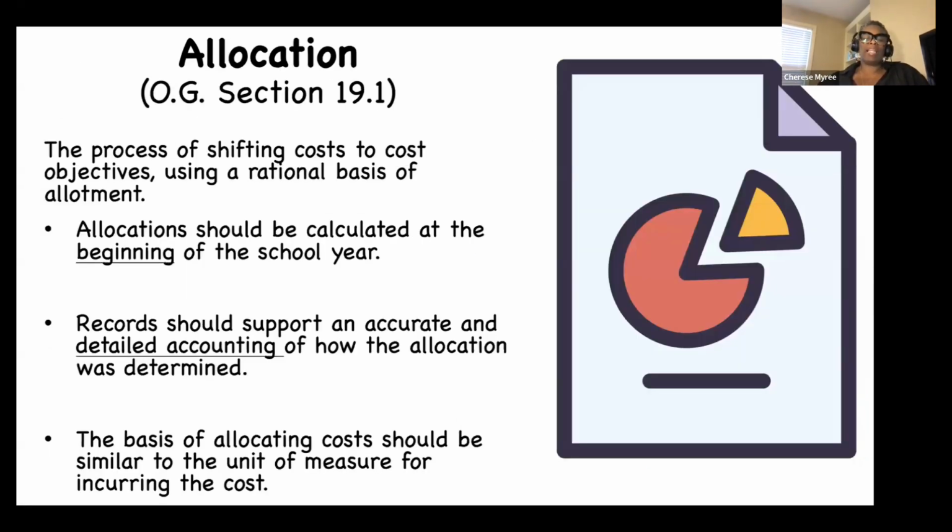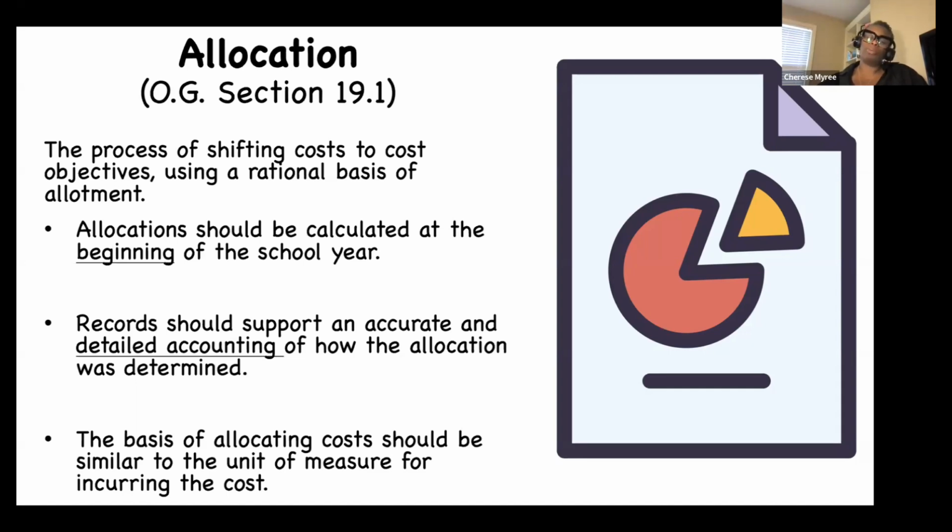As it relates to allocations, we talked about this briefly earlier on, but there's more detail in section 19.1. When you're talking about allocations, you should determine how things are going to be allocated at the beginning of the school year. How you're going to allocate things like rent or utilities or time should be established at the onset of operations.